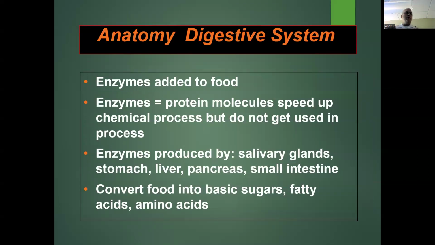It starts by adding enzymes to any food we take into our body. Then those enzymes will speed up the chemical process for breakdown. And then these enzymes are all created by different areas of the digestive system. So the salivary glands, the stomach, the liver, the pancreas, the small intestine, and they convert foods into basic sugars and fatty acids and amino acids, so our body can function.